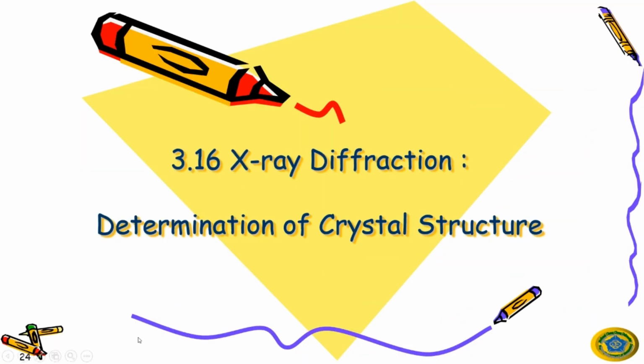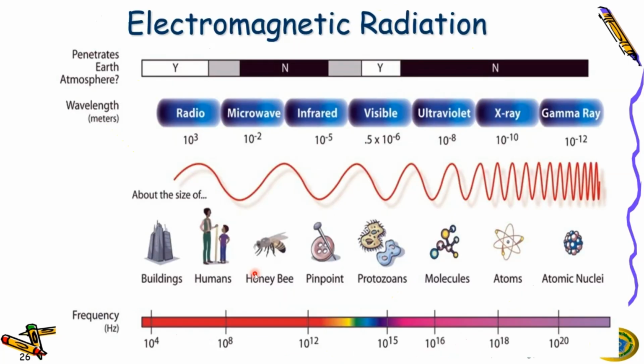So the coming topic is X-ray and X-ray diffraction, with which we want to determine the crystal structure of unknown materials. But before we talk about X-ray diffraction, we first want to understand what X-ray is.